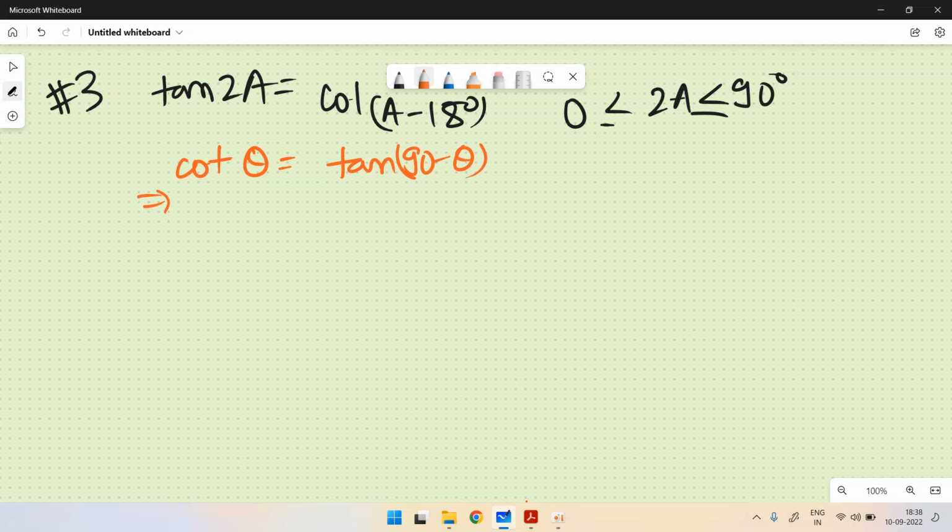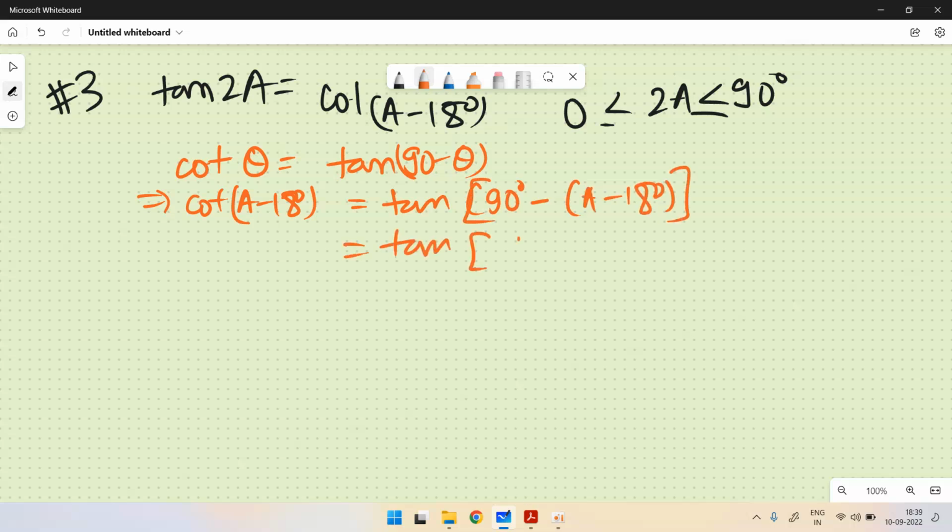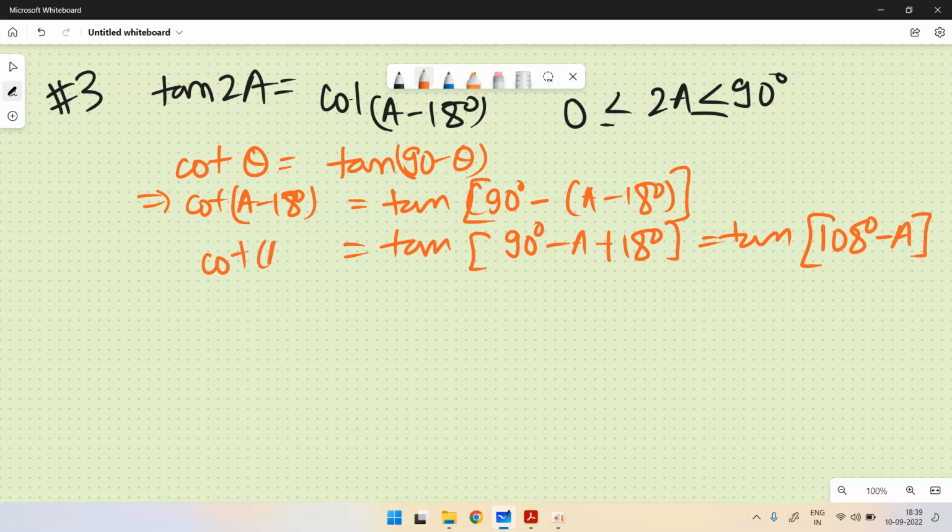If you substitute theta as a minus 18 degree, which is given in the question, this becomes tan of 90 minus a minus 18 degree, which is tan of 90 degree minus a plus 18 degree. So this becomes tan of 90 plus 18, which is 108 degree minus a, is cot of a minus 18 degree.